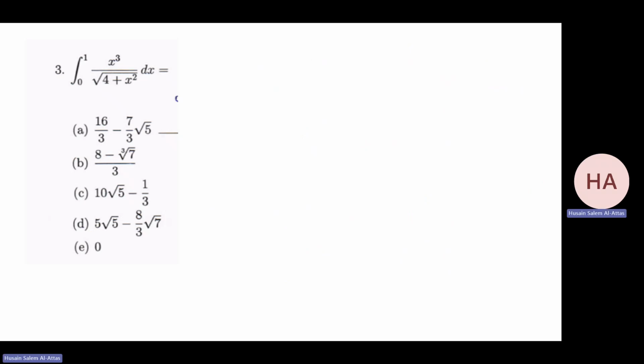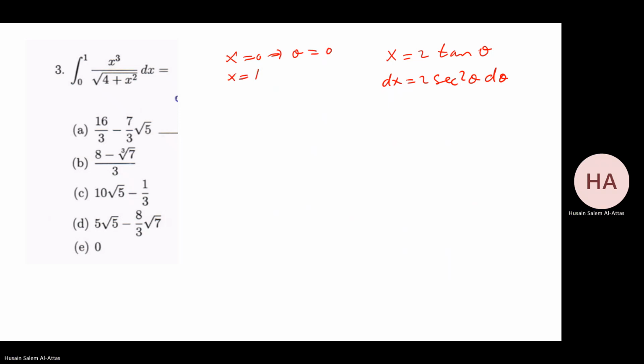x cubed over the square root of 4 plus x squared. And let x equal 2 tan theta. dx will be 2 secant squared theta d theta. Yeah, x equals 0, theta equals 0; x equals 1, then I have tan theta equal half. You know what? I don't need to do it using the trig functions.